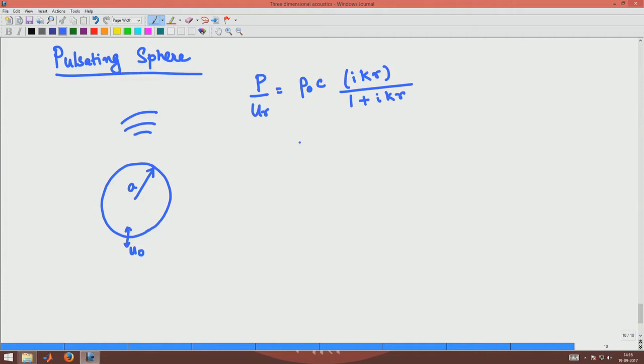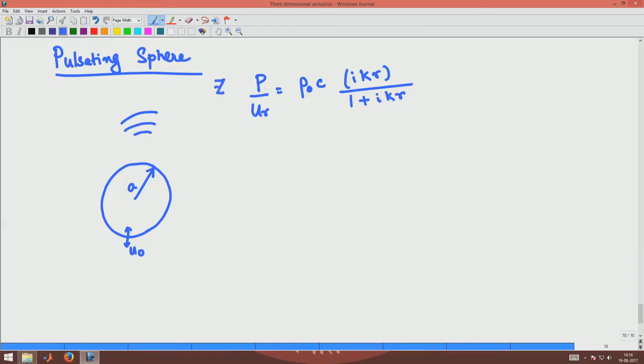If we apply this formula to this problem, we will need to evaluate this quantity, I call this z, at r equals a.